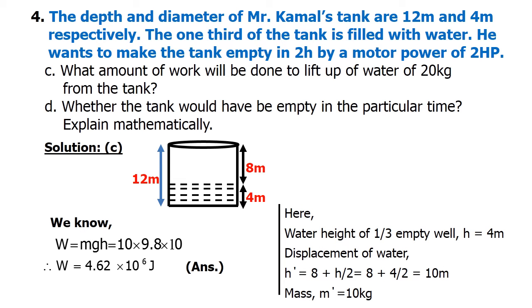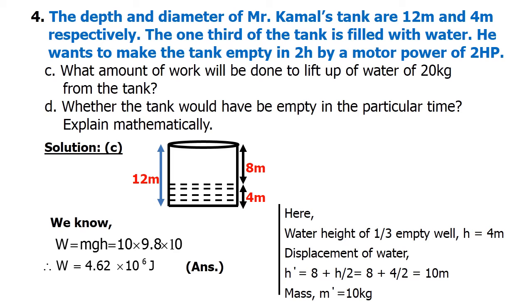Let us see the credit question number 4, and the question is, the depth and diameter of Mr. Kamal's tank are 12 meter and 4 meter respectively. 1/3 of the tank is filled with the water. He wants to make the tank empty in 2 hours by a motor power of 2 HP.